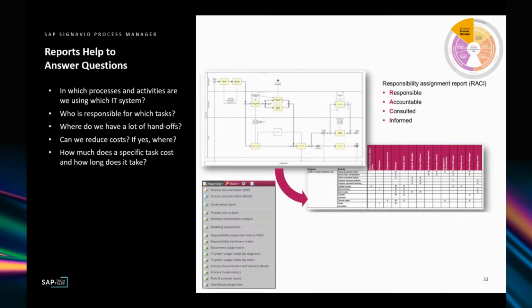And also, you can create your own report. You can create a template for your reporting, and if it's needed, you can add your own reporting template for your new BPMN diagram or for an existing one.